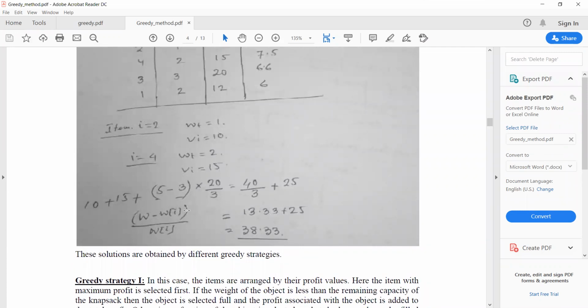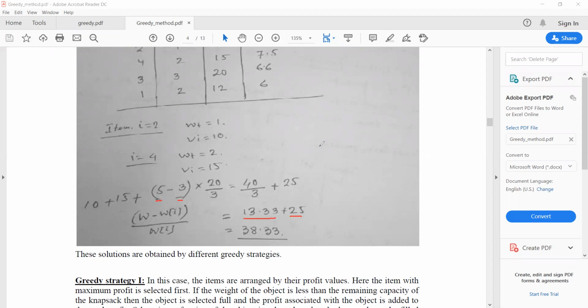So you can see that the remaining is 10 plus 15, and the remaining you have is 20 by 3 into 5 by 2. 20 by 3 into 5 by 2 is 13.3. Oh, I'm sorry, I gave 13.2, but the actual solution will be something different, because you are taking 20 by 3 and the remaining weight is 2. So it is about 13.33.